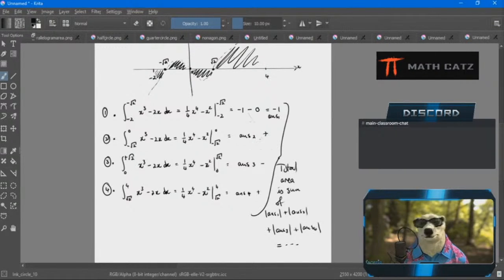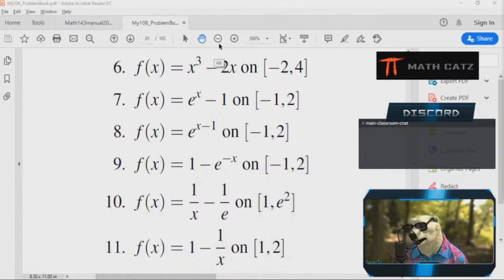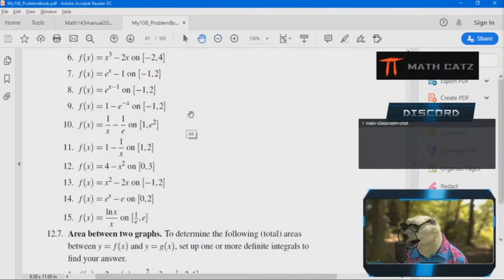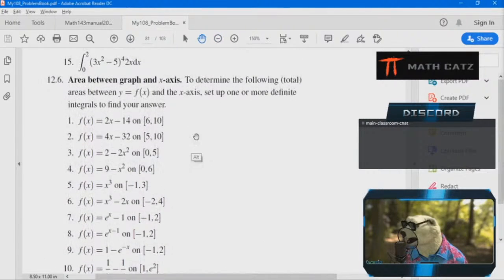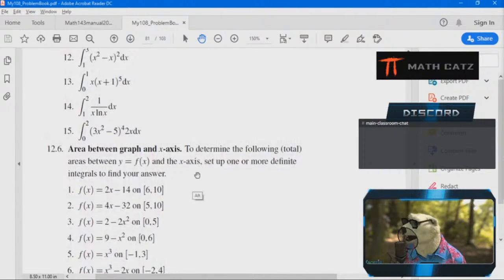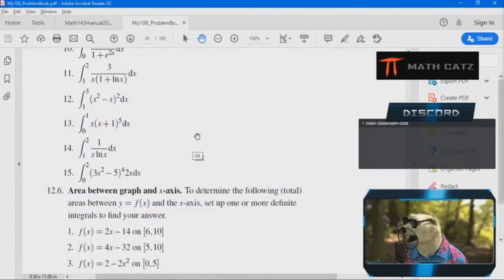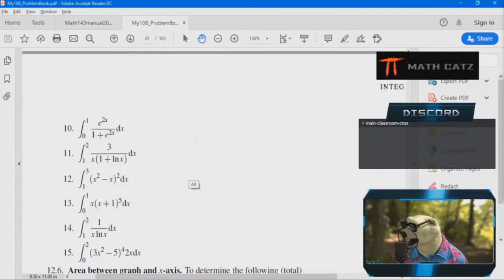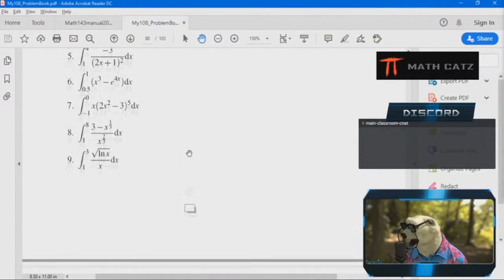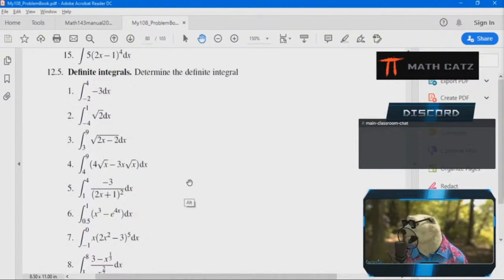I need to separate it like this, whether I want to or not. You can look at all these problems, area between the graph and the x-axis, and just practice definite integrals and any catch-up you need to do.